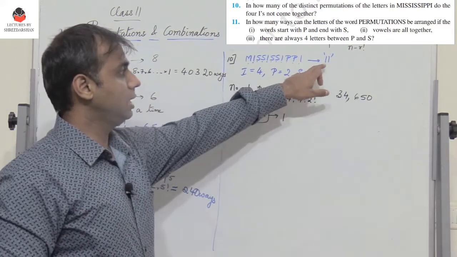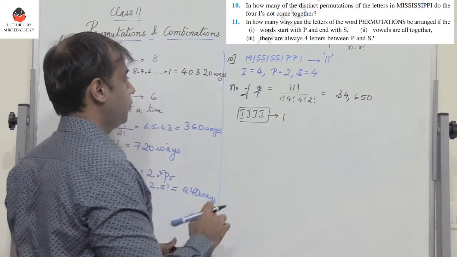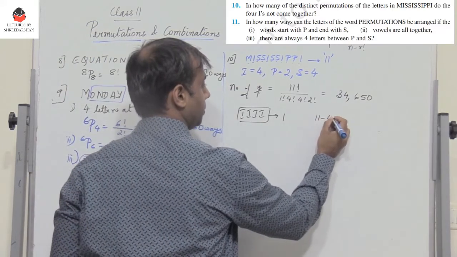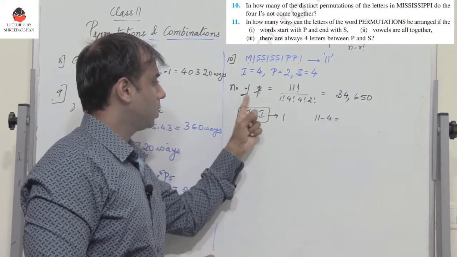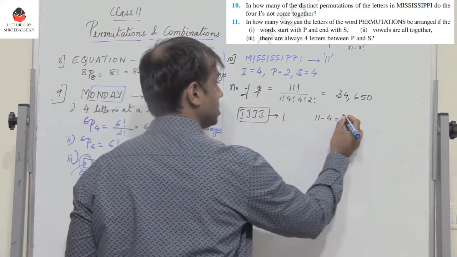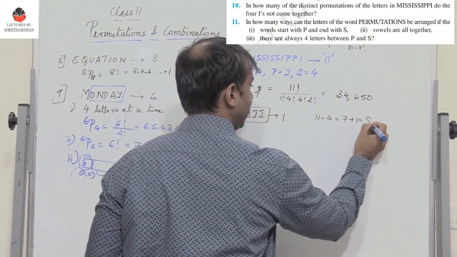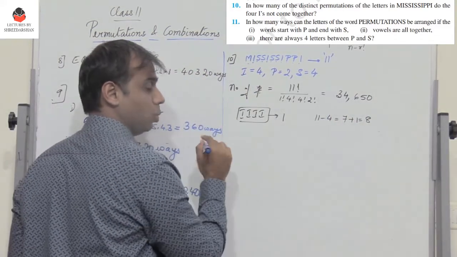So you have 11 characters. So 11 minus 4 plus 1, because all the 4 I's I'm considering as one character. So 11 minus 4 is 7 plus 1 gives us 8. Right? So here all the 4 I's are considered as one character.